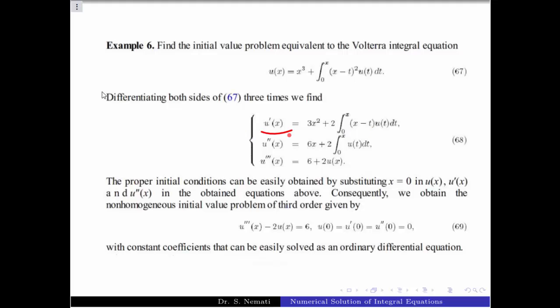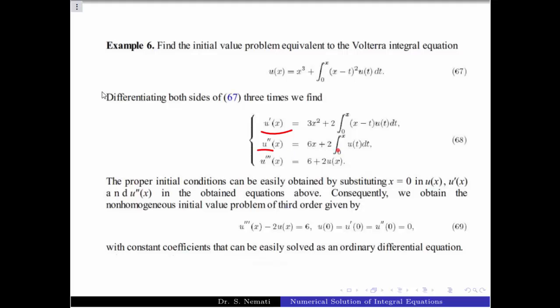Once again, we take the derivative, so we have the second derivative of u equals 2 times 3, or 6x, plus the derivative of this term, which is the integral of u dt. So we have the second derivative of u equals 6x plus 2 times the integral of u dt.